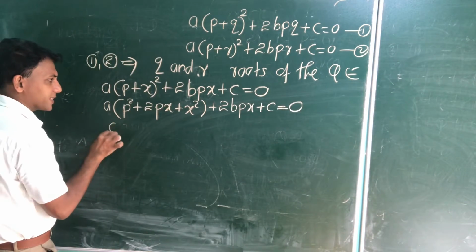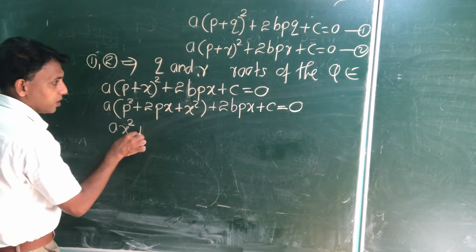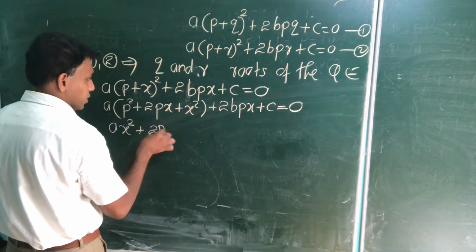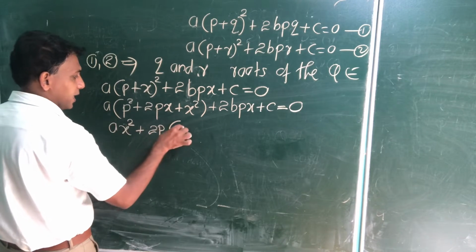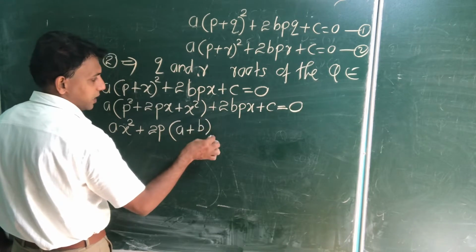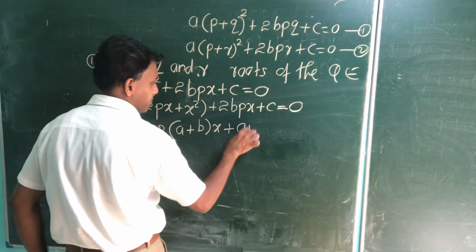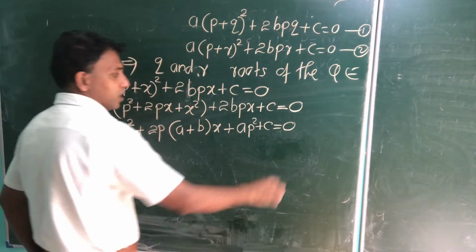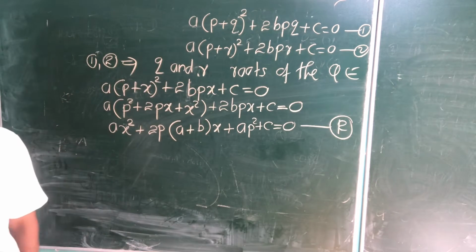Again, multiply a times x², plus here take the common factor 2p out, then (a + b) into x, but the constant terms, ap² plus c, equal to 0. If I say r, equation r results. So that's the method.